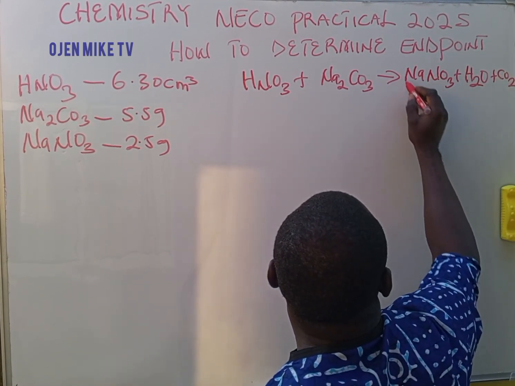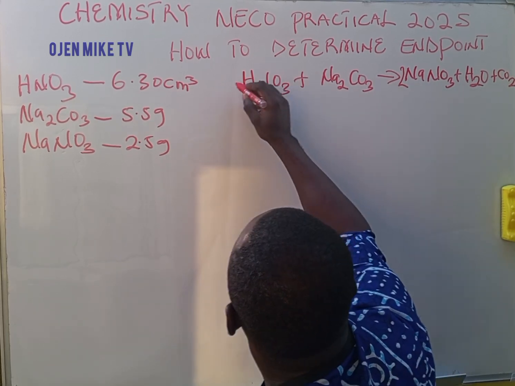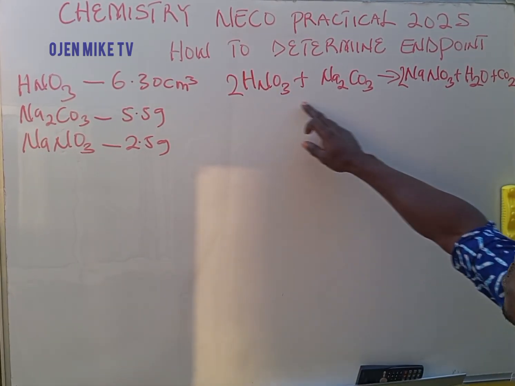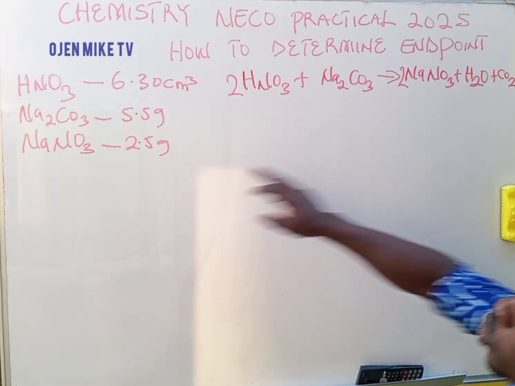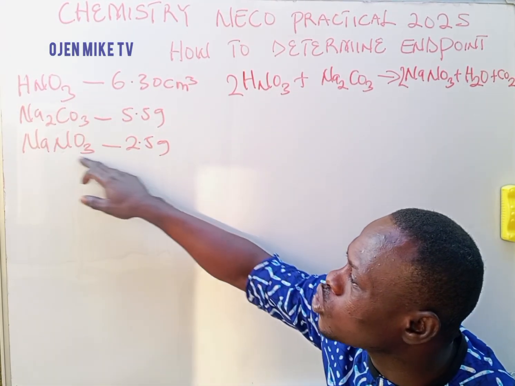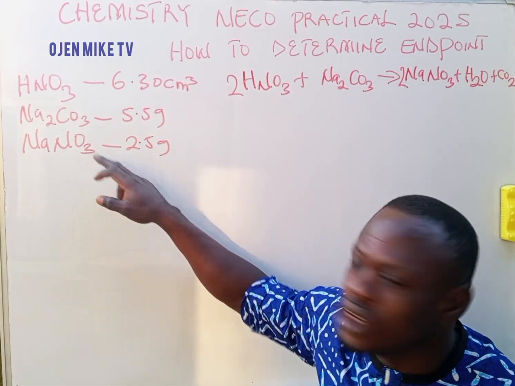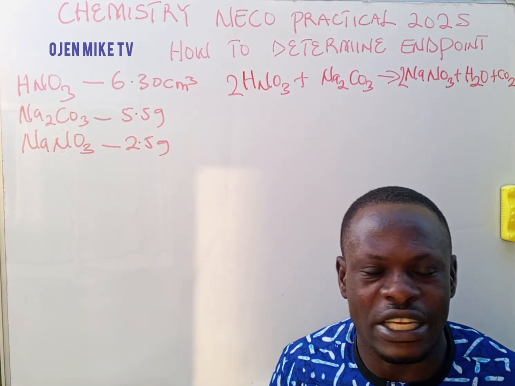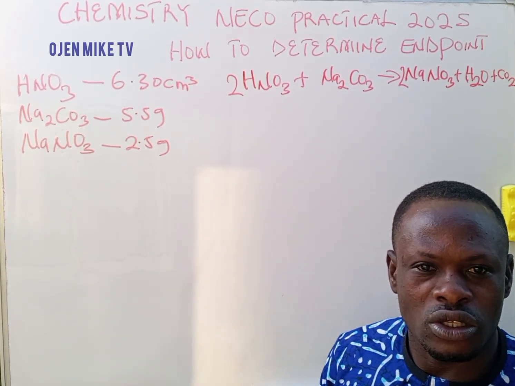To balance the equation, you have 2 here and 2 here. So this is the equation of the reaction. This other one, I told you, is a neutral salt. If it cannot react with this one, it's just like HCl plus sodium chloride. It cannot work.